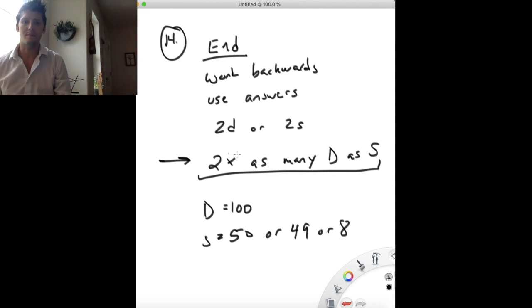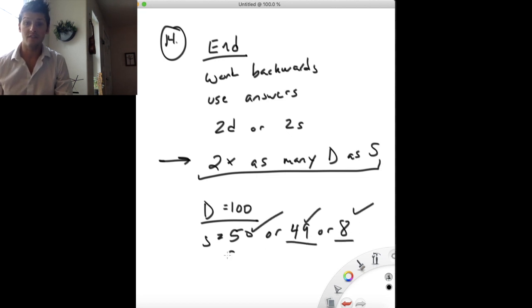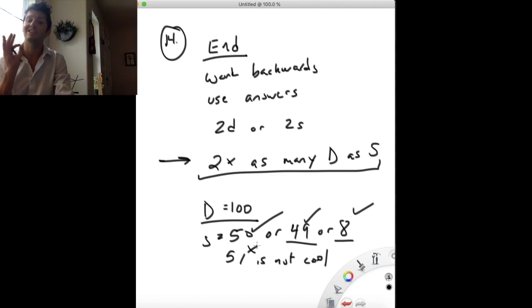Find equations that make sense for this. So what we're trying to say is if D is 100, 50 is cool, 49 is cool, 8 is cool, 51 is not cool. The reason I'm saying that tangible is because I know how hard it is to just look at the equation and get it right.